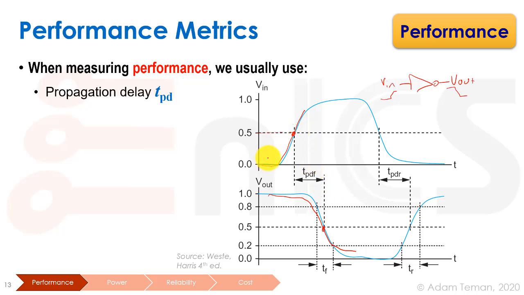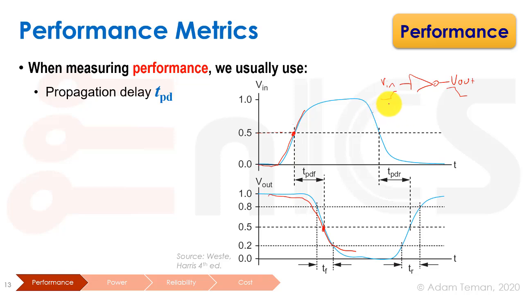So once the input signal rose above 50%, we start counting until the output falls 50%, and that would be called our rise to fall transition. We usually call it TPHL, or high to low.